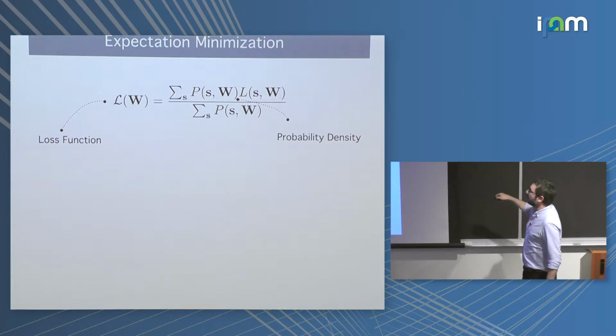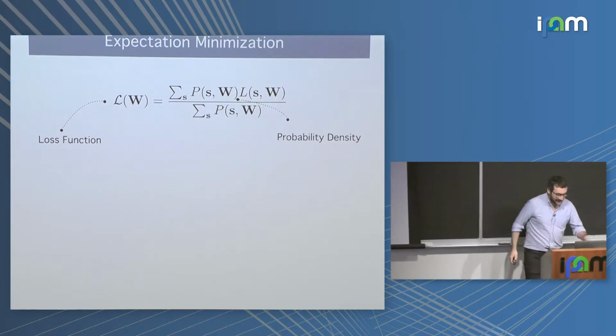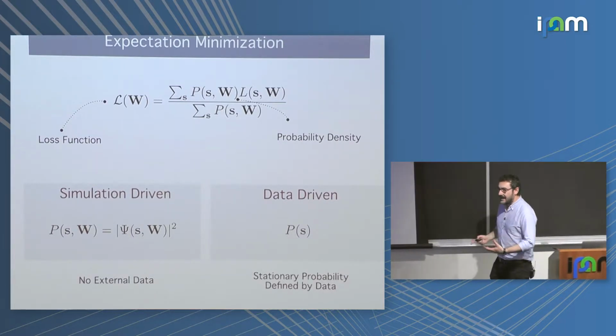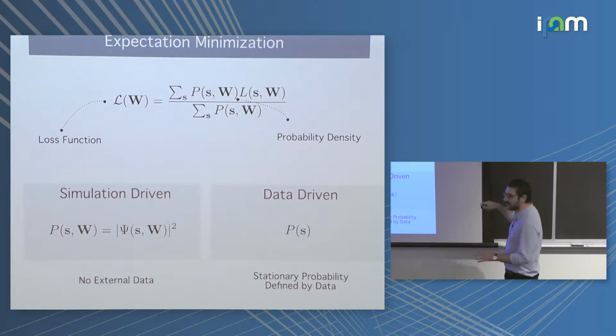Typically what you want to do is minimize the expectation value over some probability P of some per-sample loss L, right? Now this is very familiar, I guess, to all of you. But there are basically two scenarios in which we can use this approach, which make the distinction between simulation and data-driven approaches.